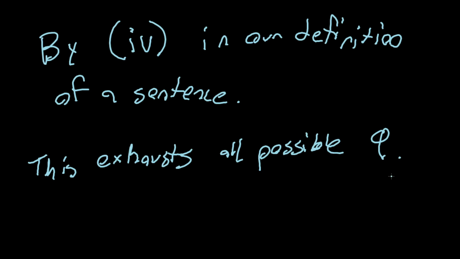Right. So the point is, and this is why I said it was so important that we have that definition, we have the if and only if. I can do this induction, and now I can conclude by induction that all possible phi have been considered.